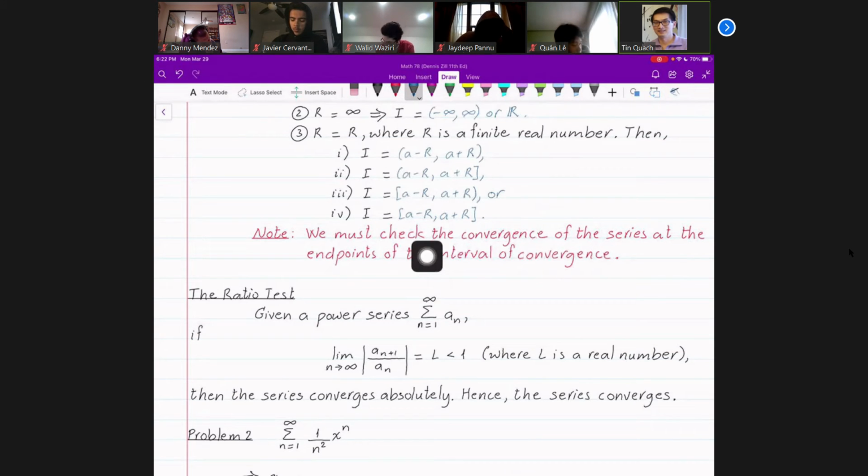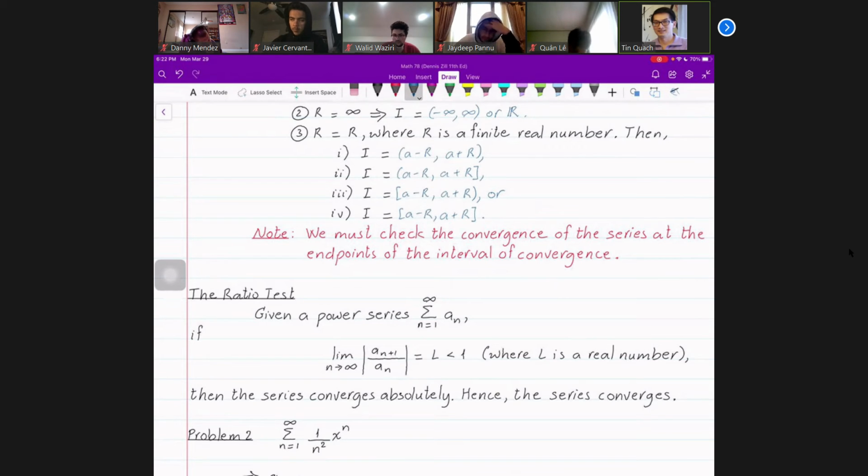If the series converges at that endpoint, then you include it in the interval of convergence. If the series diverges at that endpoint, then you exclude it from the interval of convergence, okay? So however you want to write on your notes, you can just jot it down.